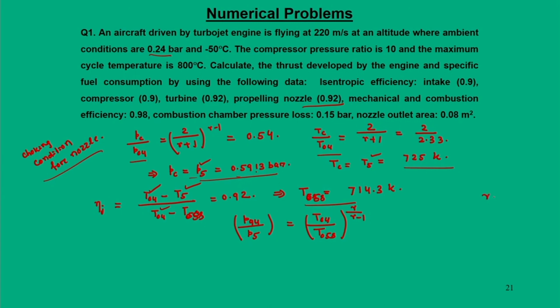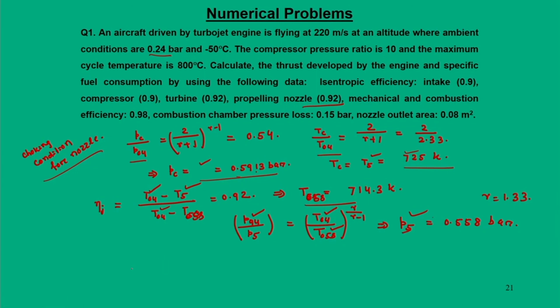So again we have gamma 1.33, we know T04, we have T05s, we know P04, so this will give you P5 as 0.558 bar. So we have P5, we have T5. Sorry, the earlier value is the critical pressure, so we can get P5.